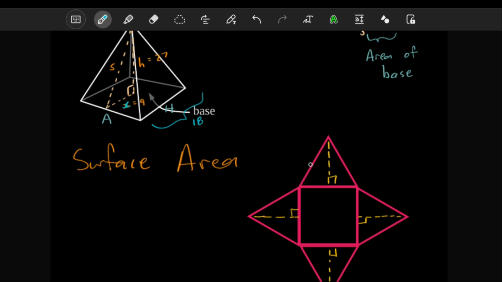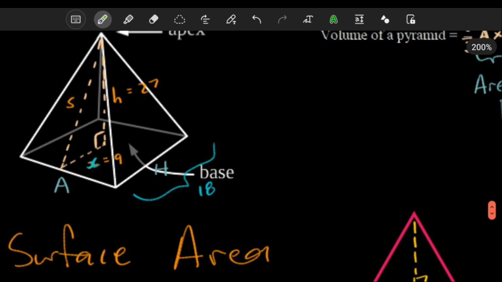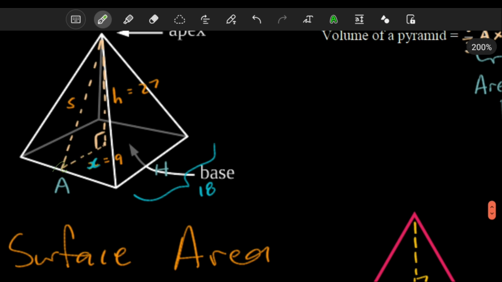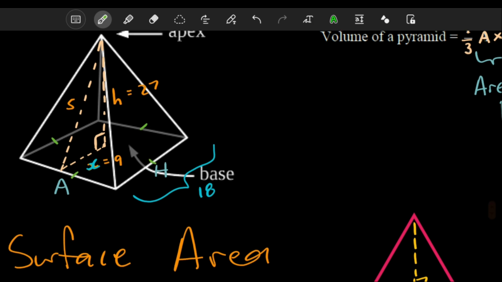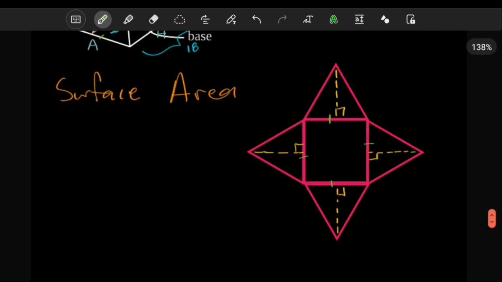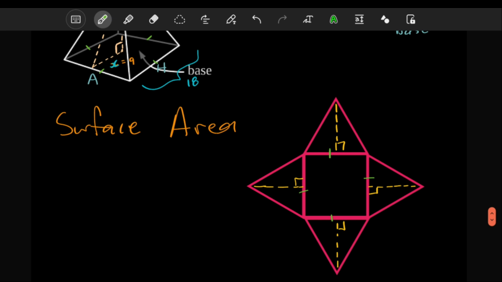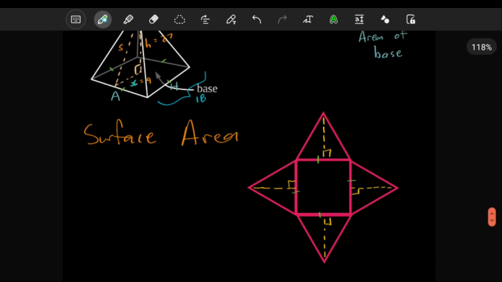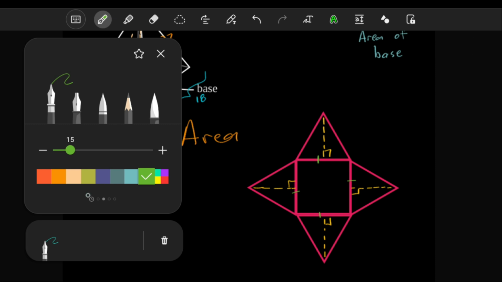It's just going to be half base times height. So for a square based pyramid, let's specify that this is equal to that, which is equal to that, which is equal to that, so that we know all those are equal. So if you're going to get the area of this shape, you just want to get the area of the triangles, and then you just add the square in the middle there.